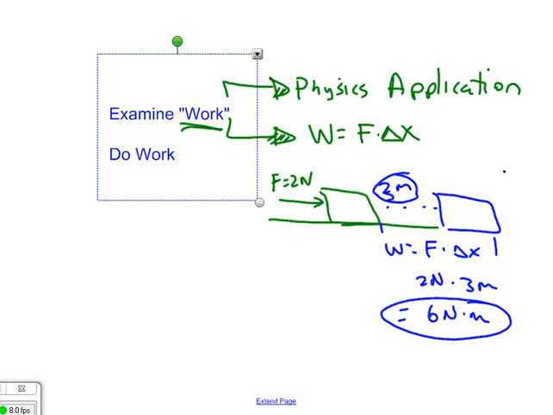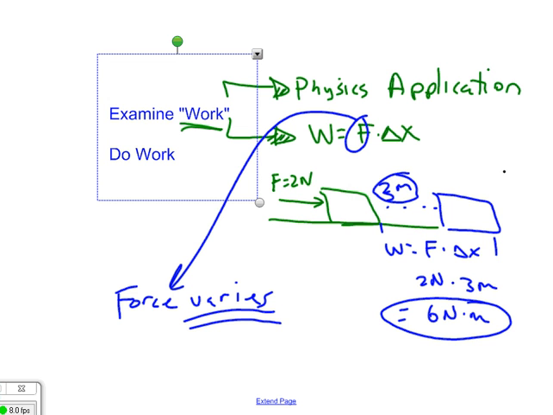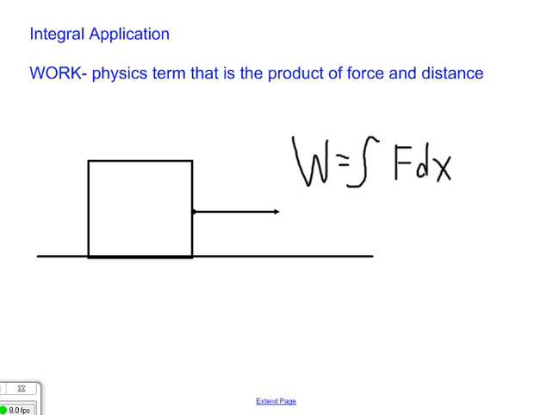What makes this interesting in terms of calculus is that we can now think about what happens when our force varies. So let's say that our force equals some function that depends on x, and we go from x equals 0 all the way to x equals 2.